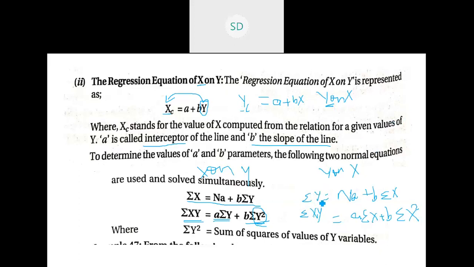This place of y has been interchanged by x, this place of x is interchanged by y, and x square is interchanged by y square. xy will remain as it is, because if you multiply x into y or y into x, both mean the same. So that is the equation of x on y. Did you understand x on y? Will you be able to remember this?